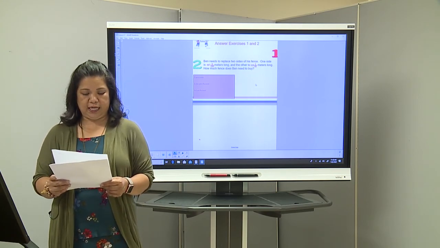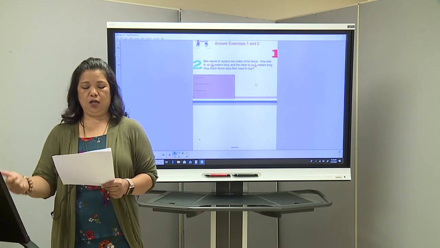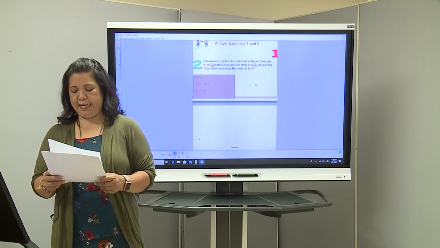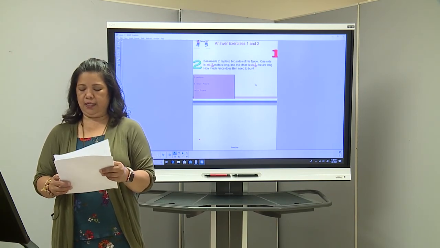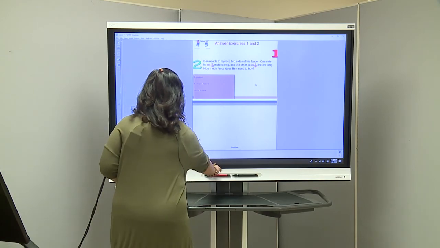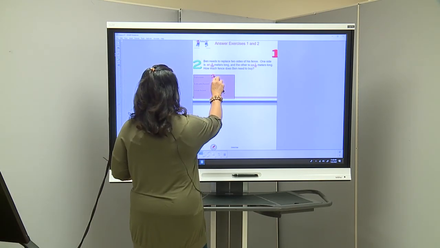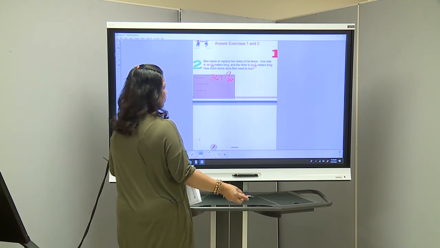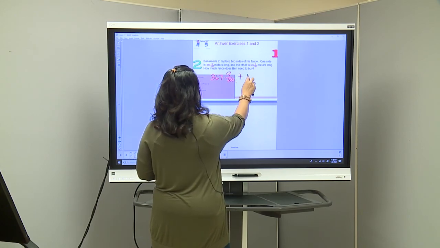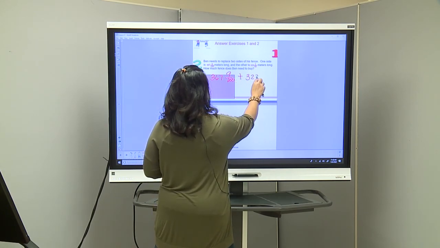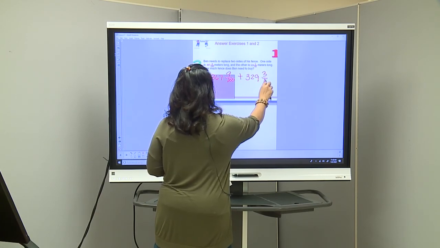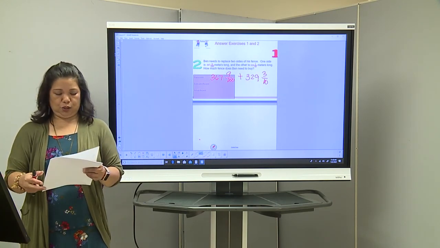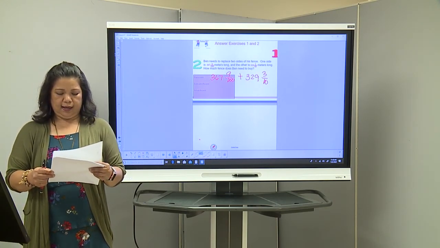So the first question is, is this an addition or subtraction problem? Yes, we are adding this time. Okay, so what's the expression? We are adding 367 and 900ths plus 329 and 3/10. Okay, so we are adding, so let's find the estimated answer here.